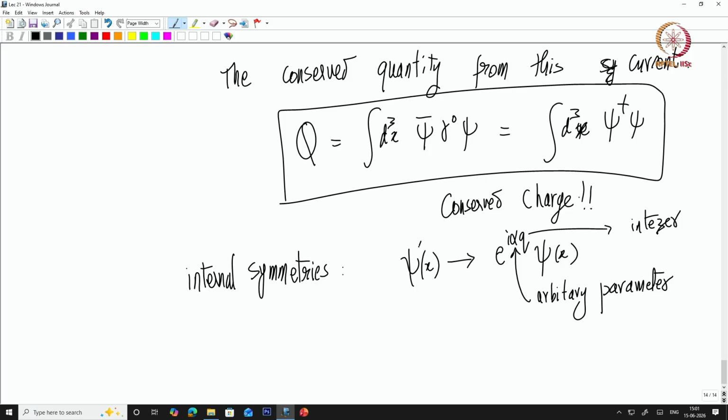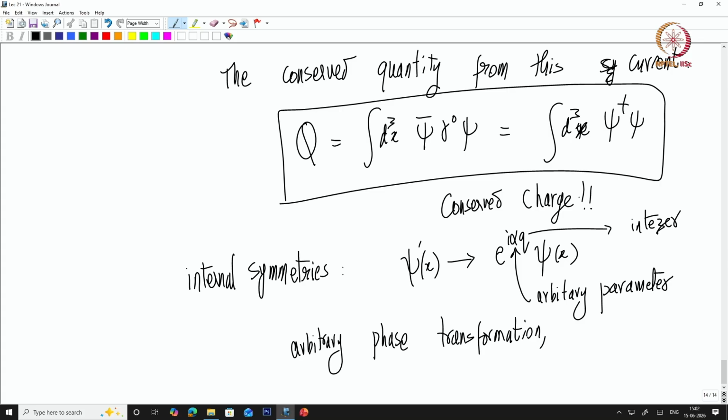If psi prime transforms as e to the power i alpha q times psi, an arbitrary phase transformation, then this is an internal symmetry, because you are not doing any Lorentz transformations or any space-time translations.